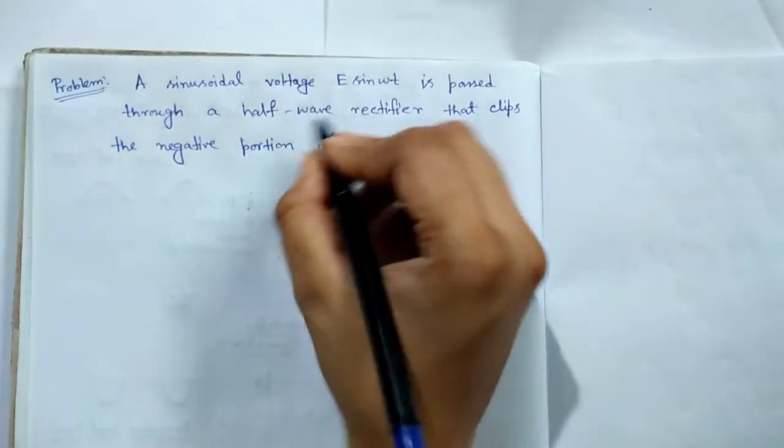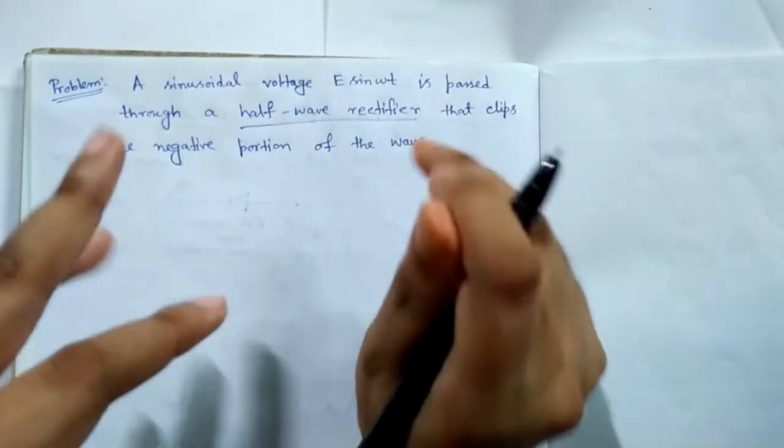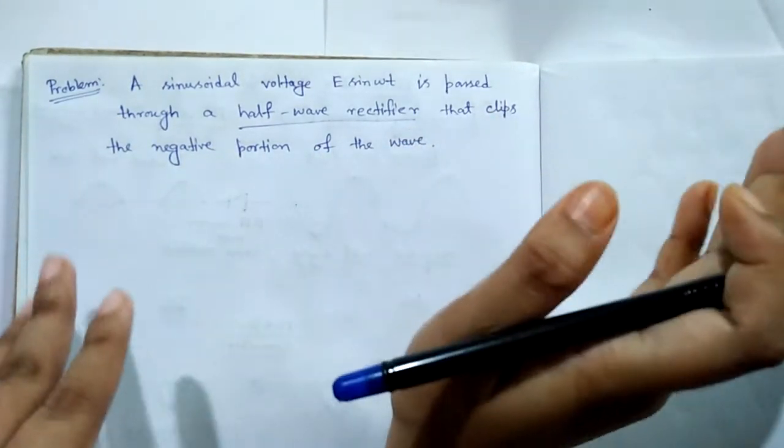So, see here, this rectifier clips the negative portion of the wave. That is, this rectifier allows only the positive signal.